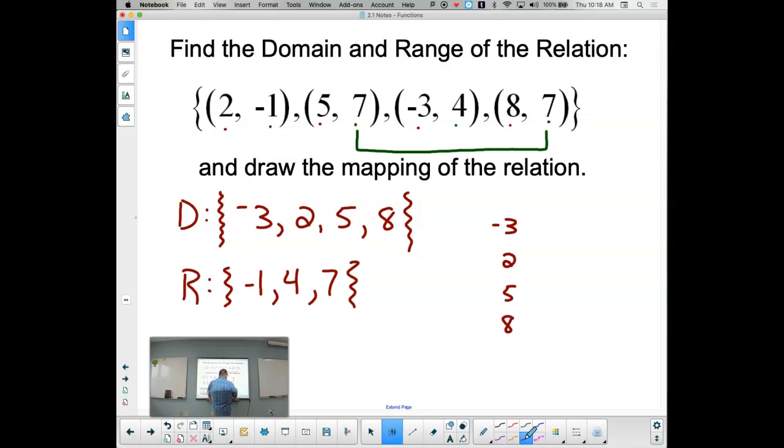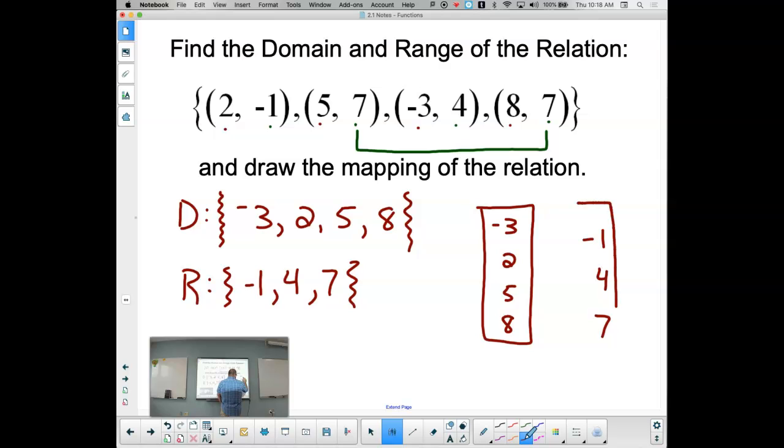If you want to put it in a circle, that's fine. If you want to put it in a rectangle, that's fine. If you want to just leave it without anything, that's fine too. Okay? And then -1, 4, and 7 is my range.